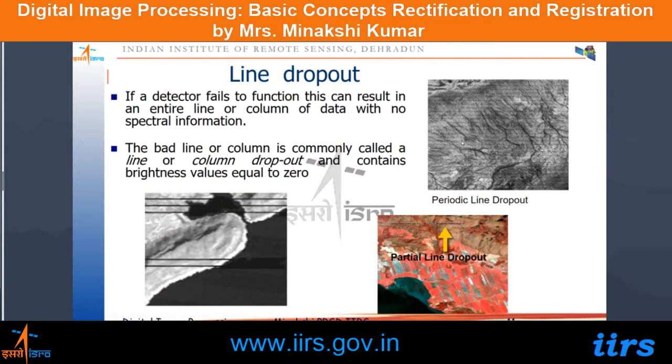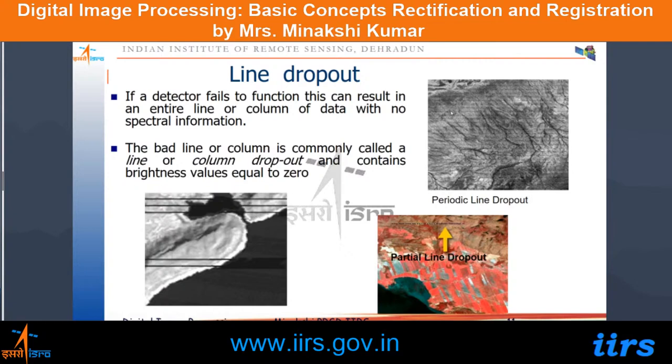Depending upon the satellite sensor, for example if there are 16 detectors, and one detector fails, every 16th line would be a dropout line. A dropout means no value is recorded. No value recorded means zero. Zero means a black line, right? So this is called line dropout.